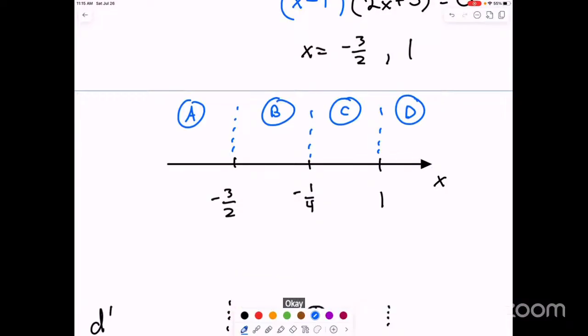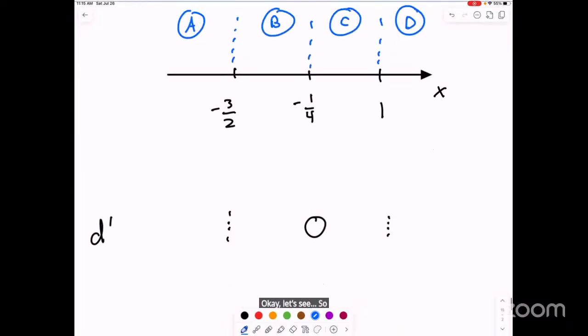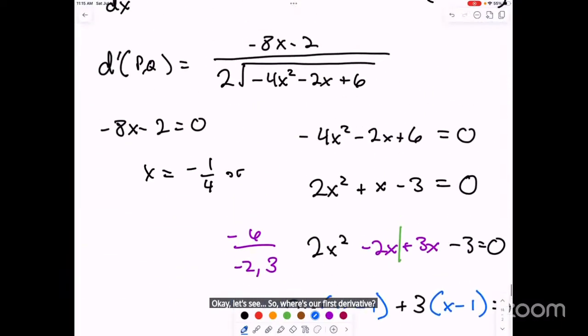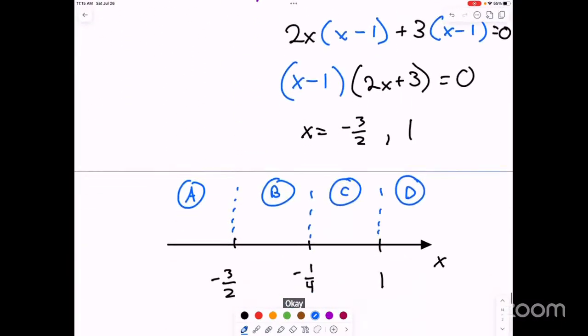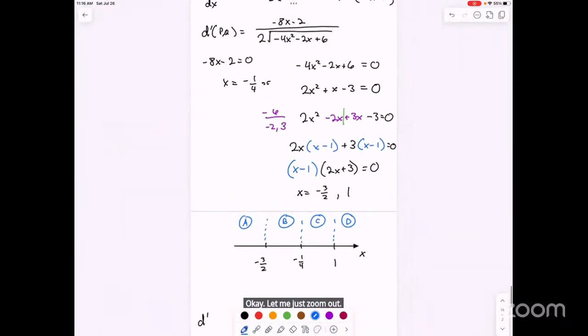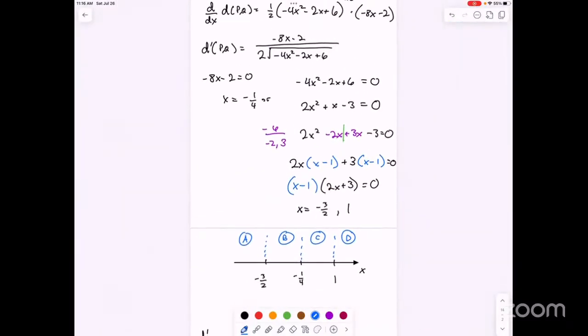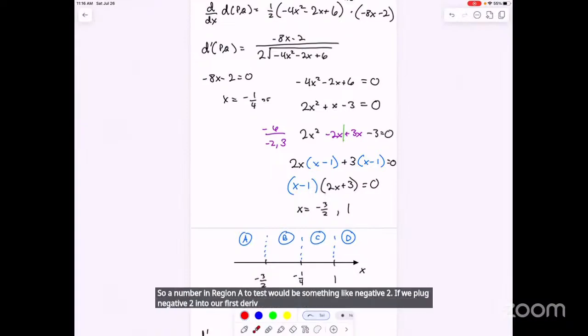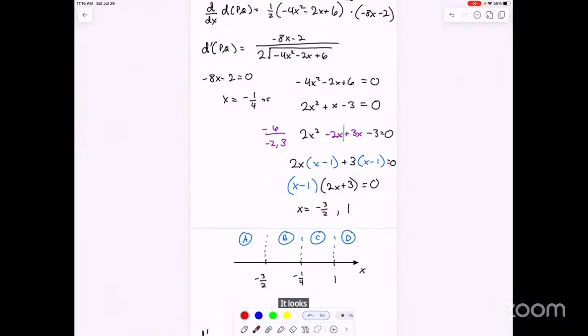Okay, let's see. So where's our first derivative? Okay, let me just zoom out. So a number in region A to test would be something like negative 2. If we plug negative 2 into our first derivative, it looks like the numerator is positive. Let me see, that's going to be negative 16, negative 10.